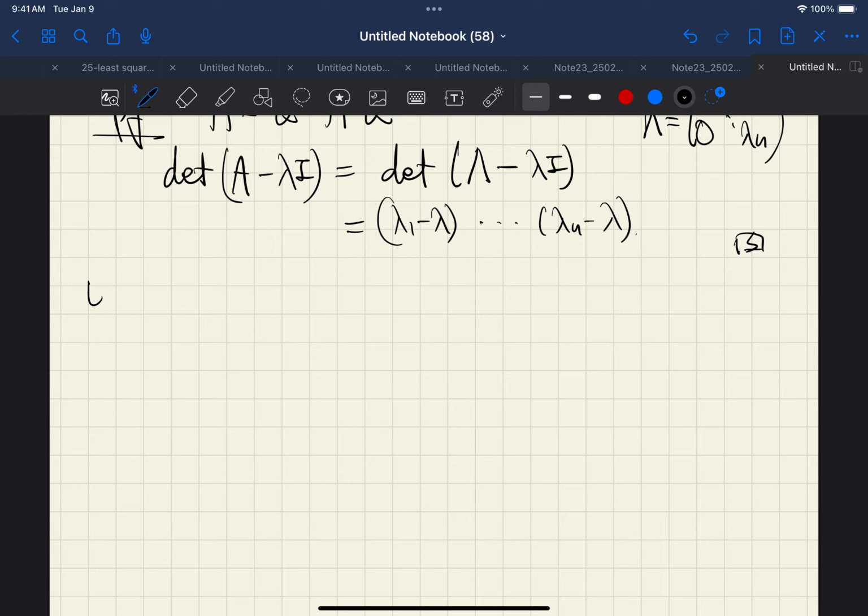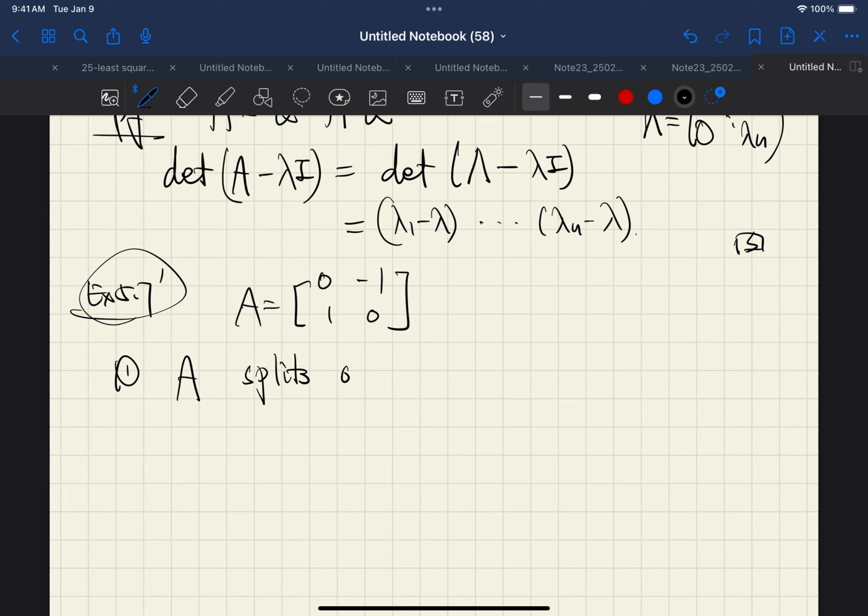So we go back to revisit this example 5.7. We talked about A = [0, -1; 1, 0]. We know that A splits over C, and also we know that lambda 1 is i, lambda 2 equals negative i. We have, in C^2 space, two distinct eigenvalues.